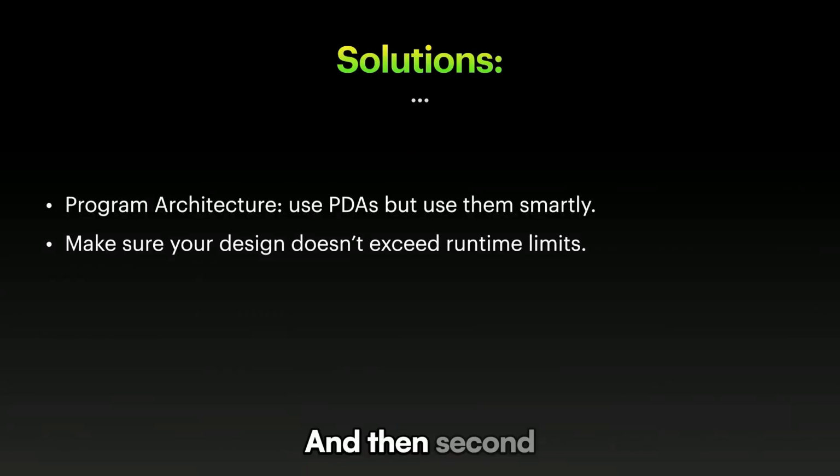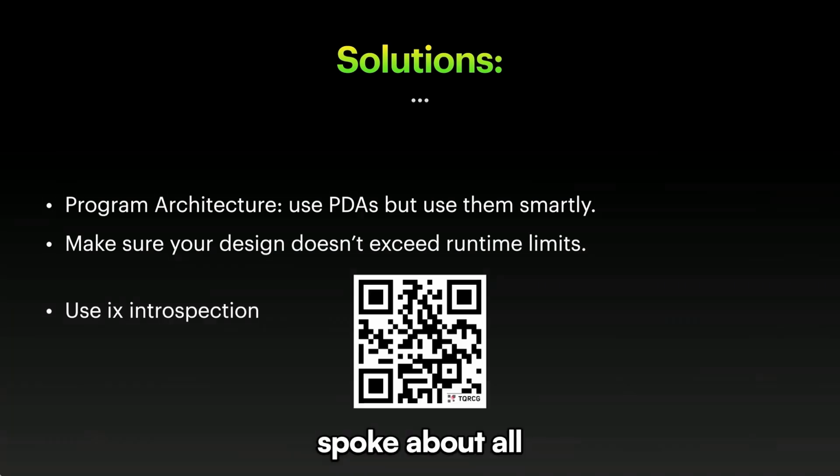And then the second important solution is to make sure your design doesn't exceed the runtime limits, which we spoke about all along. And then you can use instruction introspection to do complicated tasks which require more than 64 accounts, for instance. What would you do in that case?